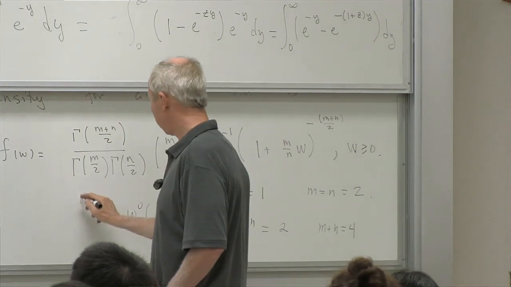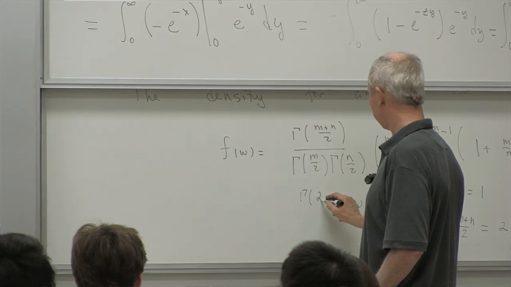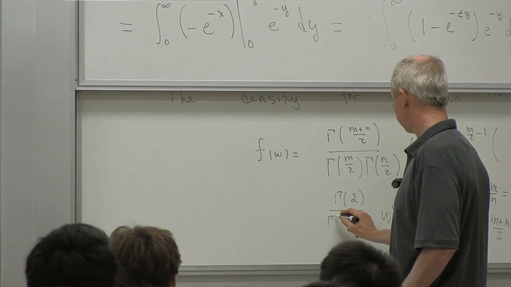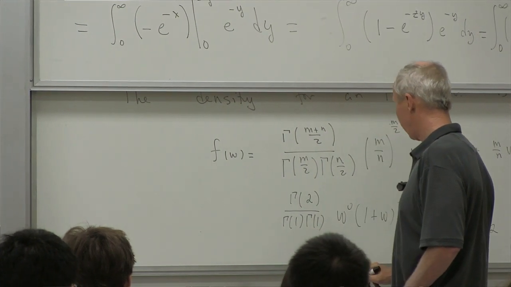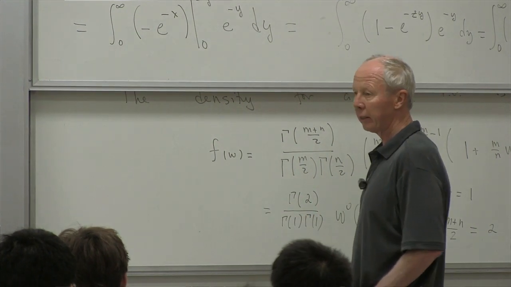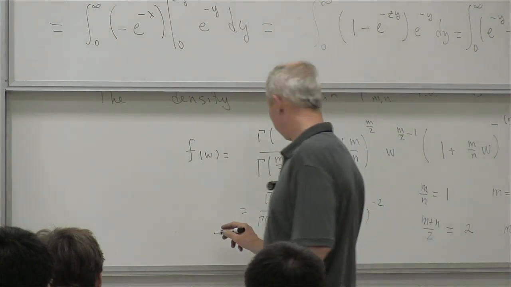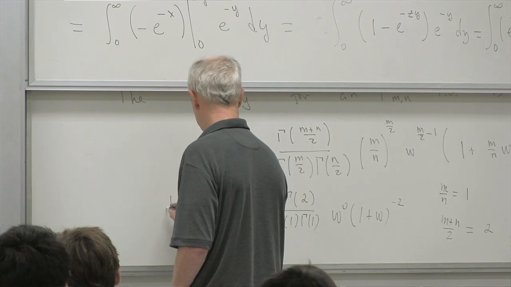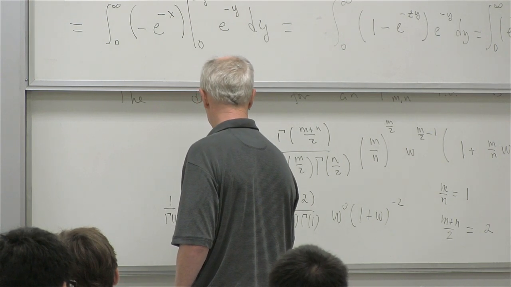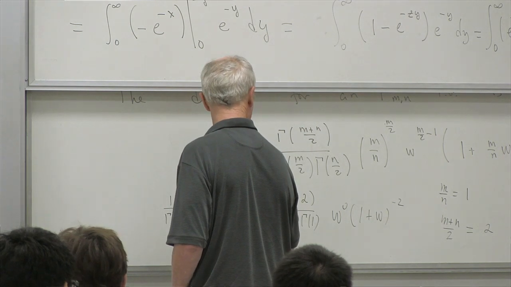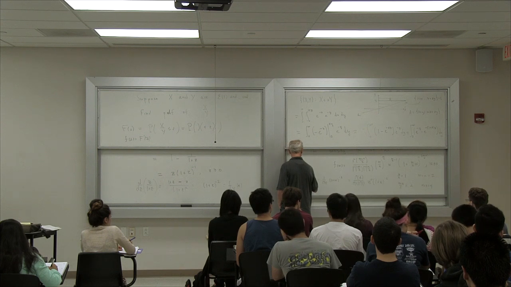Here we'd have gamma of 2 plus 2 over 2 is 2, divided by gamma of 1 and then gamma of 1. And what's gamma of 2? It's 1 times gamma of 1, right? So we'd get 1 over gamma of 1 times 1 plus W to the minus 2. And gamma of 1 is 1, so this would be 1 plus W to the minus 2.